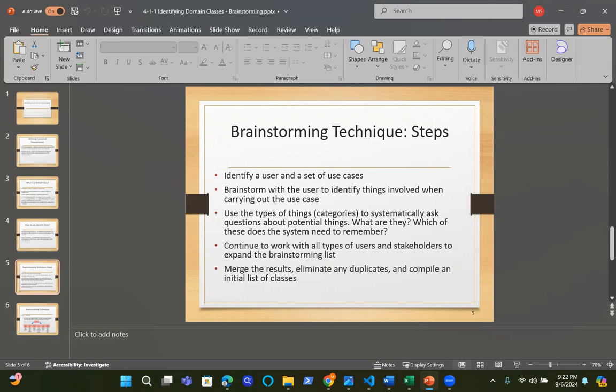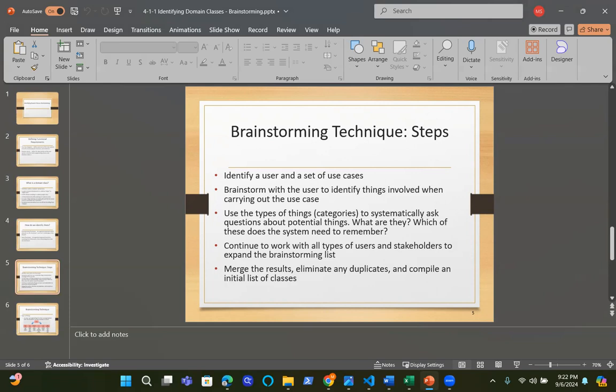The brainstorming technique is best with users and developers working together. Here are the steps. First, find the users who are experts in this problem area. Start with a set of use cases for that user role. Note, since this technique depends on the use cases, it's a good approach to define the classes at the same time that the use cases are being discussed.